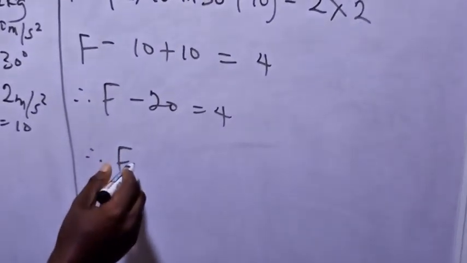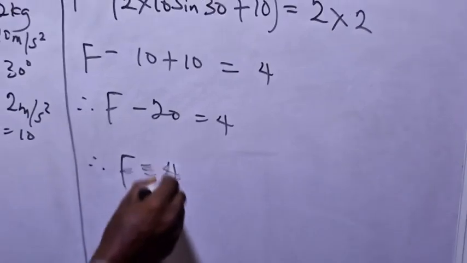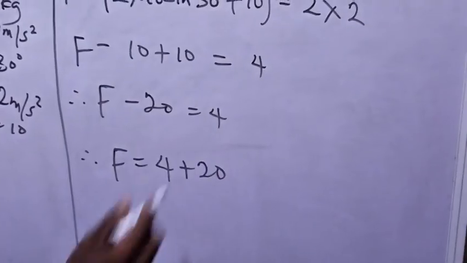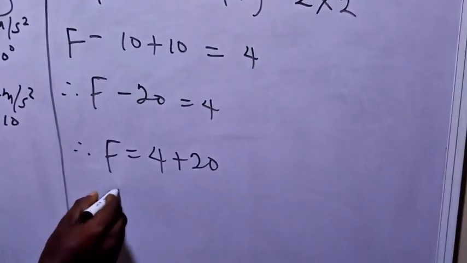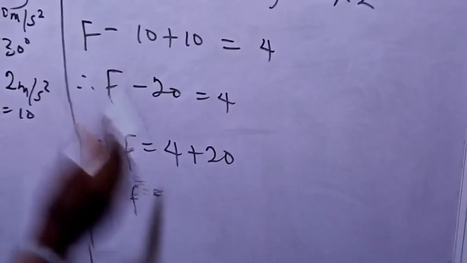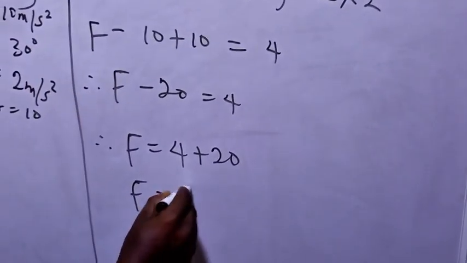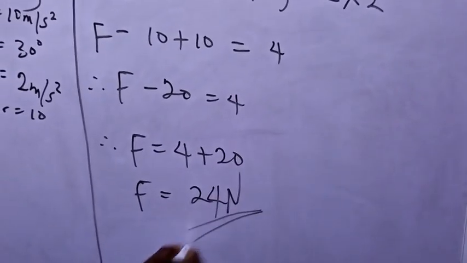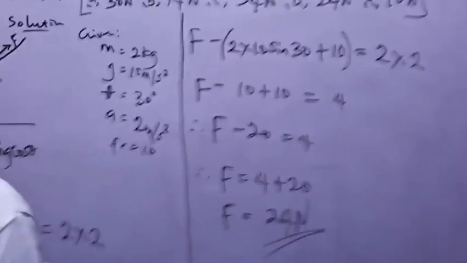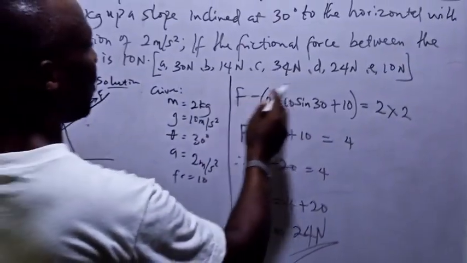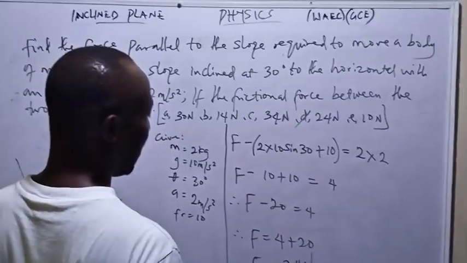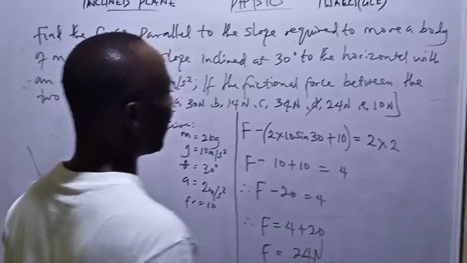Therefore, force equals 4 plus 20, with the 20 crossing over to the other side. Force here will be equal to 24 Newton. As simple as this. Meaning that in the options, option D is the right answer.